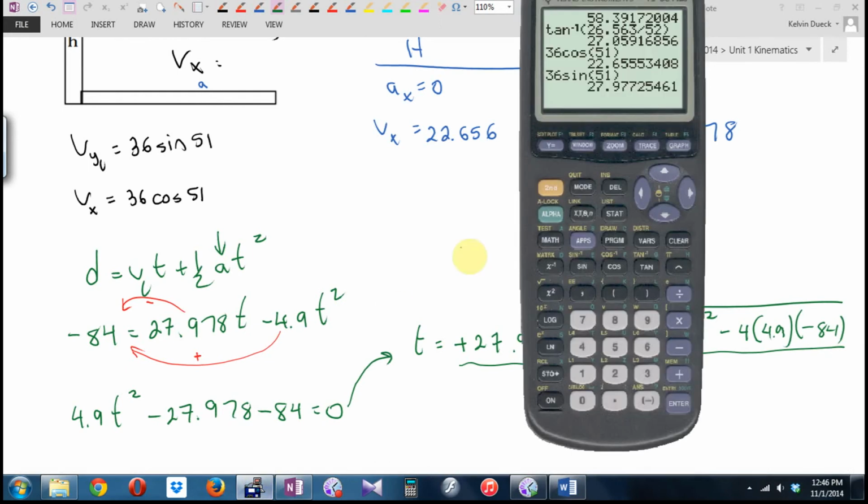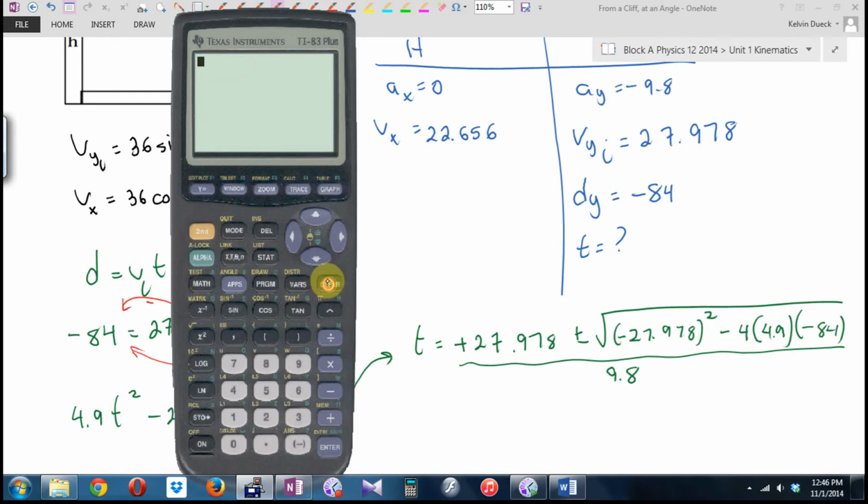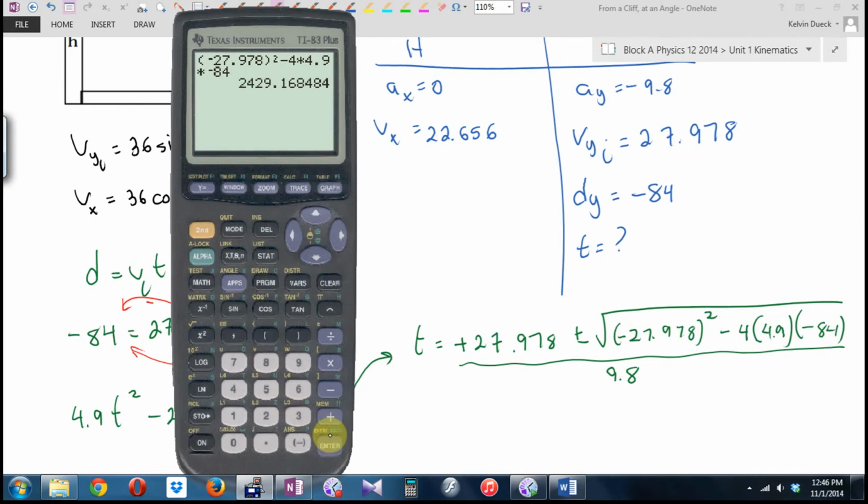I always do the discriminant, what's inside the square root, first. Bracket negative 27.978 squared minus 4 times 4.9 times negative 84. That's what's inside the square root.